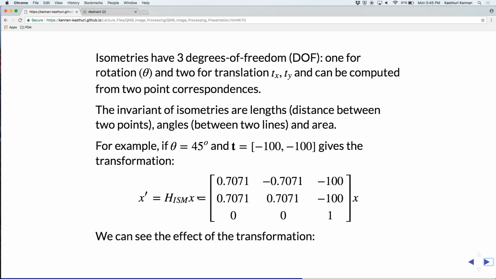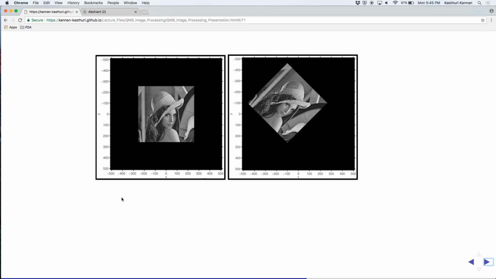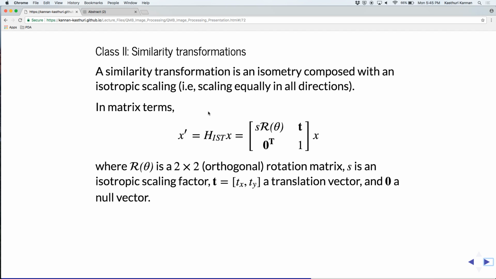The old pixel x has to be multiplied to get the new pixel. This is just a simple isometric transformation: the image is rotated 45 degrees and translated by negative 100 in x and y. So this is an isometry.